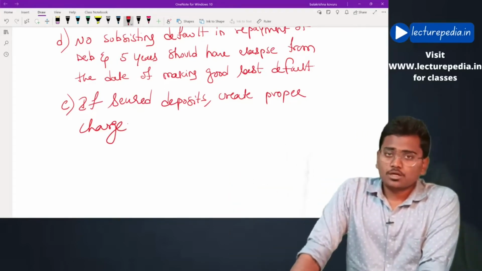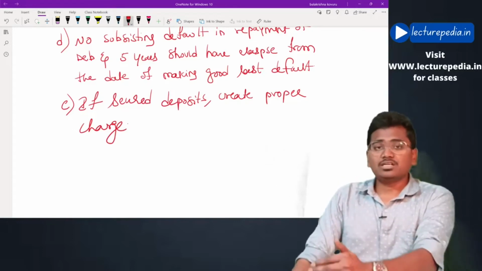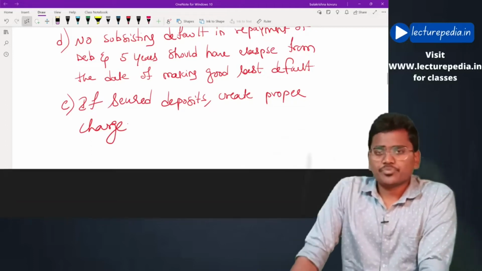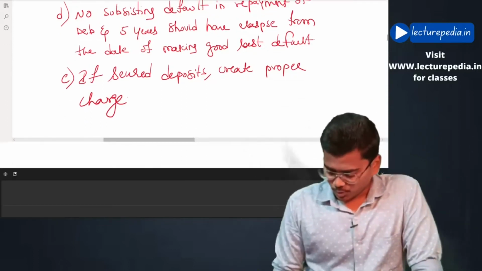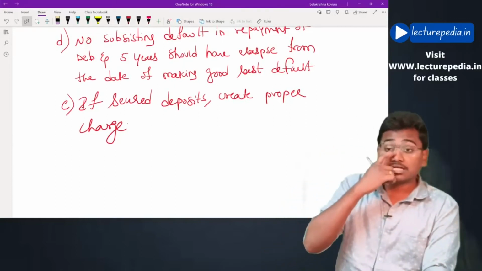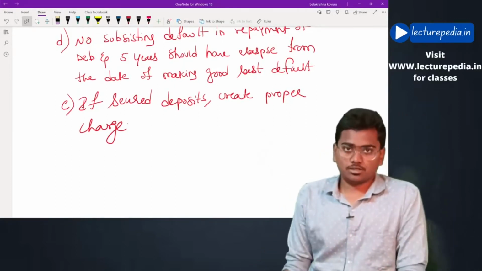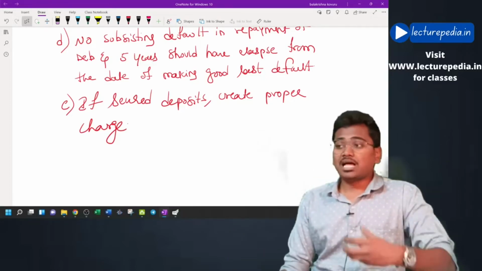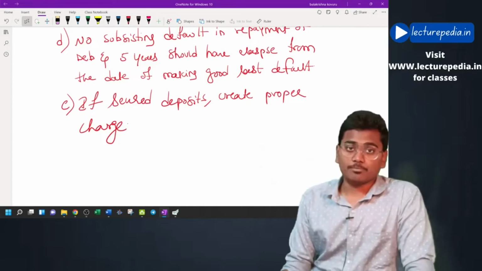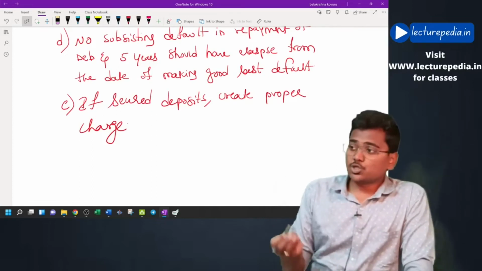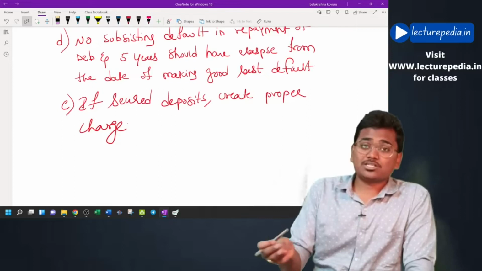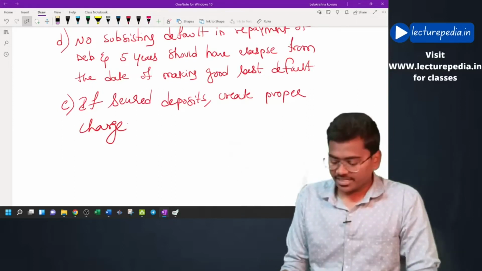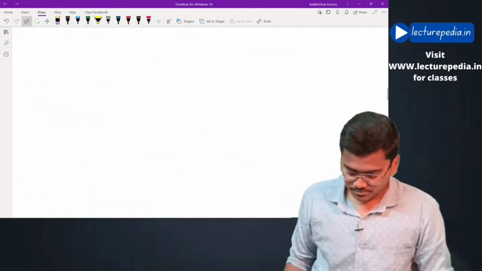Now what is the guarantee that the company will repay the deposits? Either the public or the members will not rely on the company, thereby they want some security to be given. In order to raise deposits, the company has to give some security. If the deposits are secured deposits, then a proper charge has to be created.